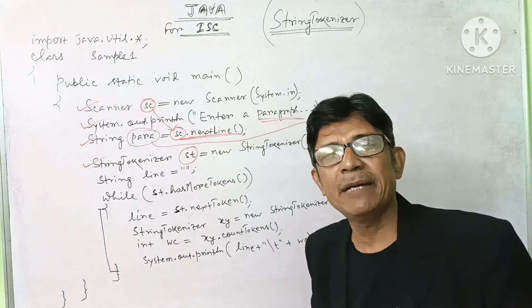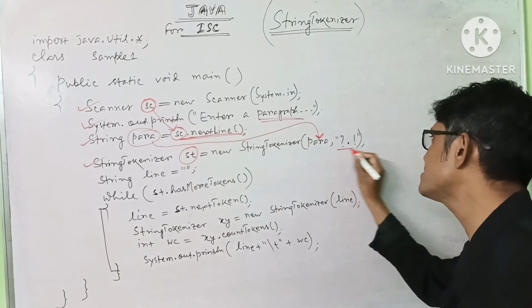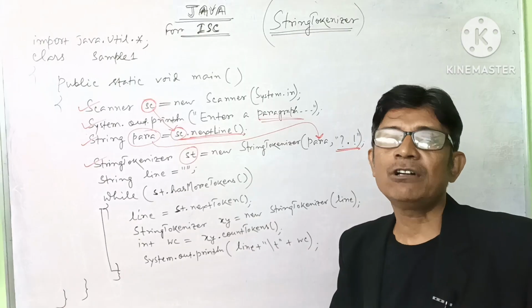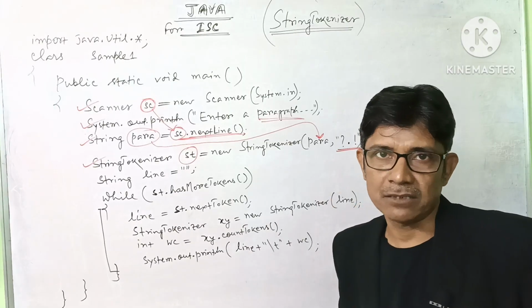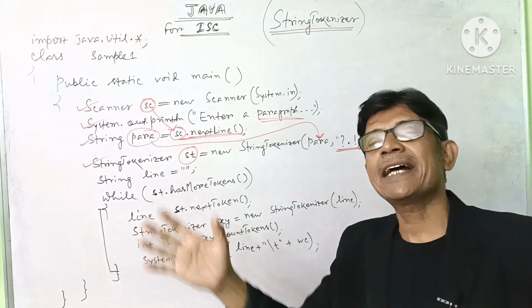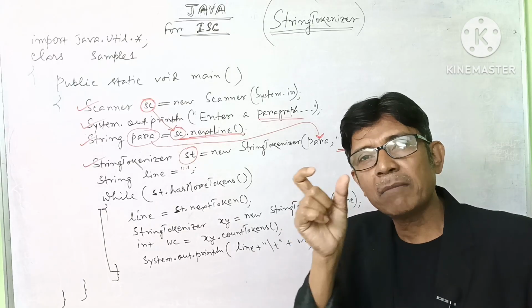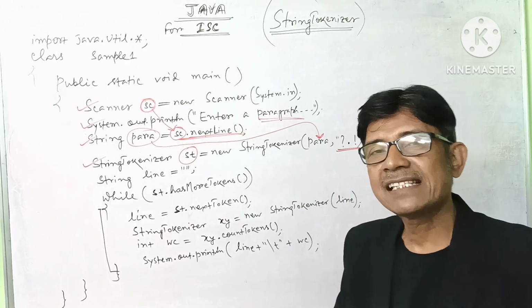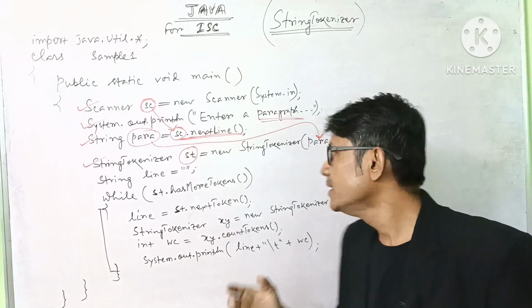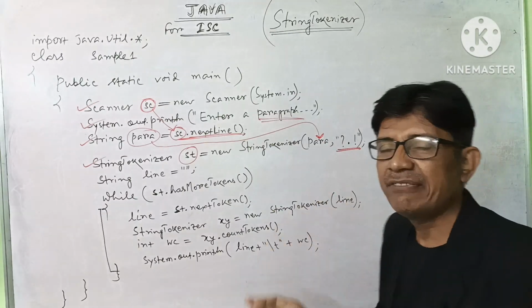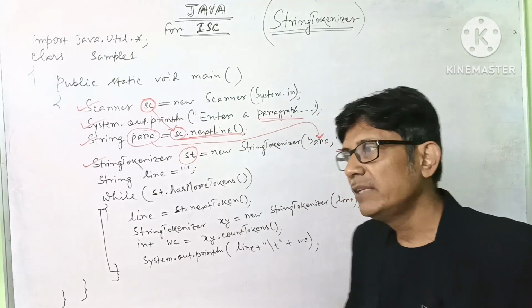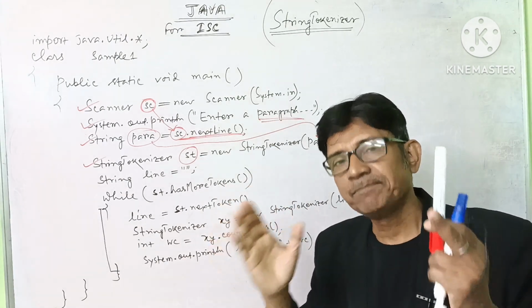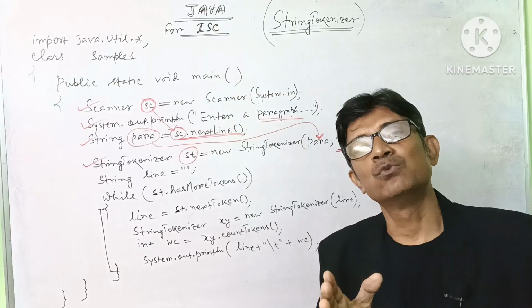So what is your parameter? If you do not give any parameter, the computer will take a space by default. That means if you write a paragraph, it will show you one word at a time. But if you write the parameter, then whenever it gets a question mark, it will extract that particular part and show you.